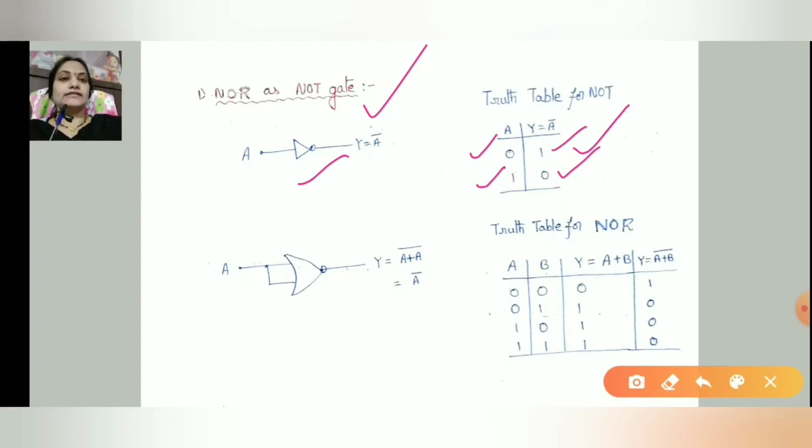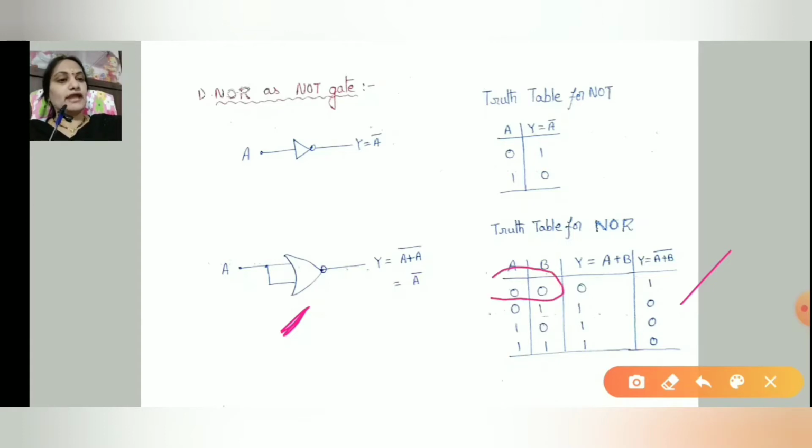Okay, that is why this NOT gate is also called as inverter. Okay, so here this is the NOR gate and this is the truth table for NOR gate. Okay, in case of NOR gate, if you give 0 0 as input, that means you will get the output as 1, or otherwise in all the other cases you will get 0 only. In all the other cases you will get 0, but in case of 0 0 condition you will get 1.